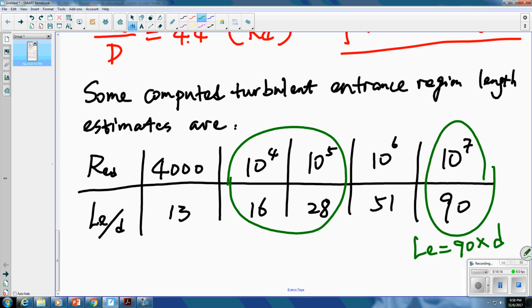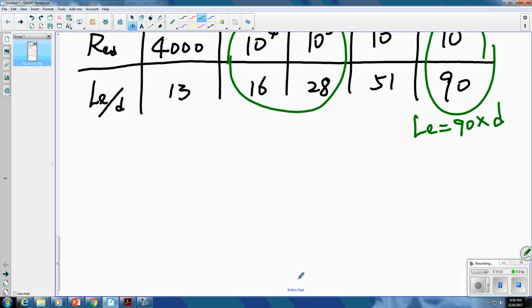Compared to laminar flow, in turbulent flow your entrance region can be a comparatively larger number. Sometimes, if you are considering the beginning of the pipe, the entrance region might not be ignorable in your problem, depending on how long your pipe is. Usually your pipe is much longer than your entrance region length.